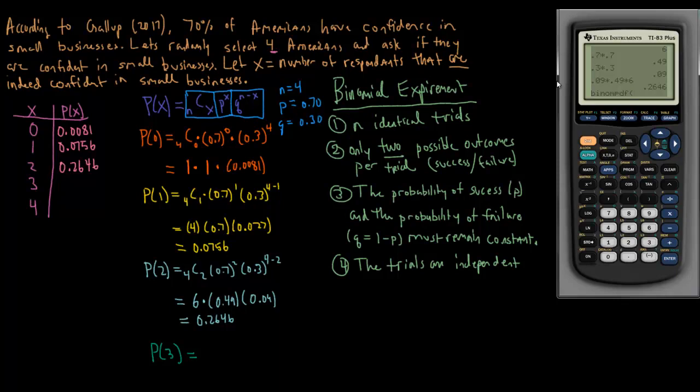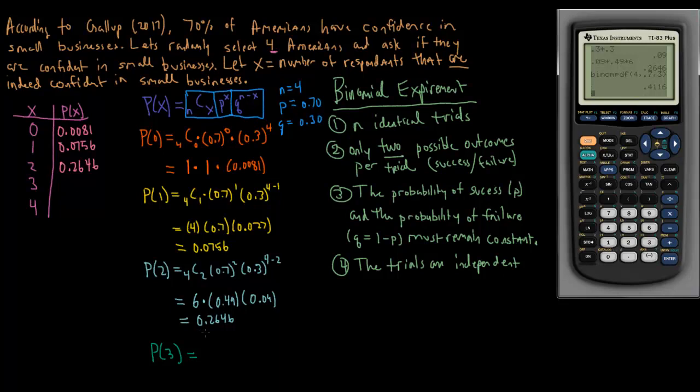So we have N, so 4 trials, comma, the probability of success we said was 0.7, that's P, so 0.7, comma, what probability are we trying to calculate? That is x equals what? We're trying to calculate the probability of x equals 3, close the parentheses, and that's all you have to do.